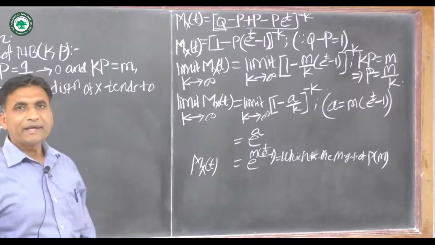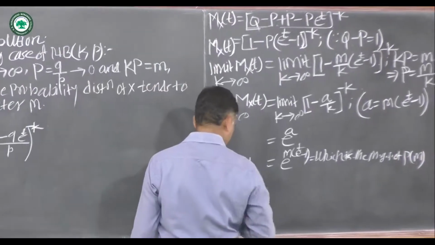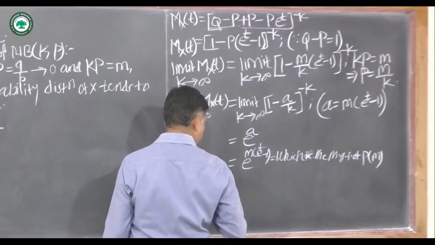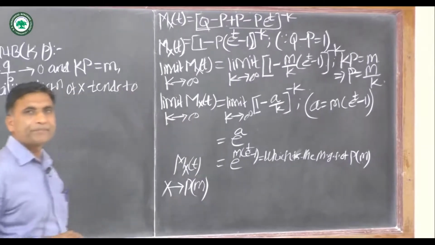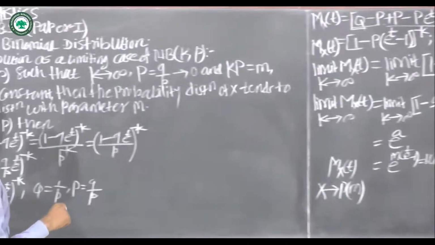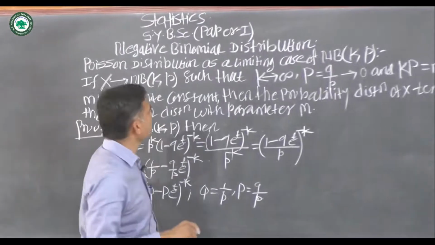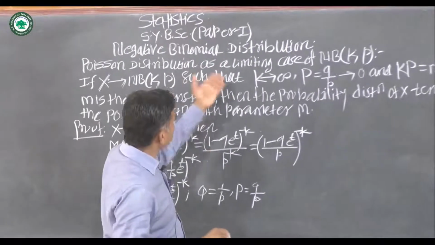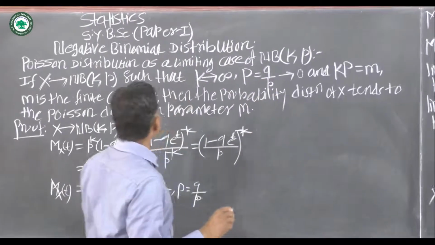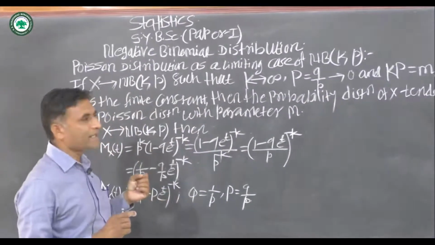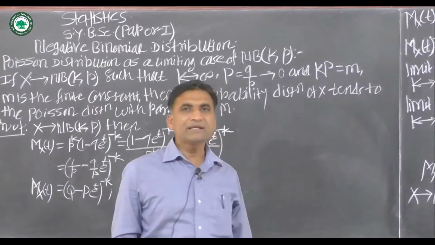Okay, now by using uniqueness theorem, this X follows Poisson distribution with parameter m. Hence, this result: if X follows negative binomial distribution with parameters k and p, as k tends to infinity and p tends to 0, then the probability distribution of random variable x tends to the Poisson distribution with parameter m.